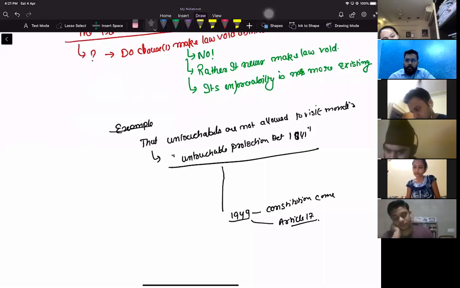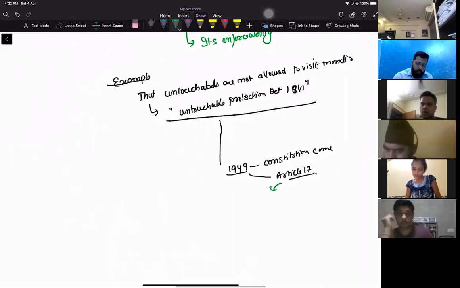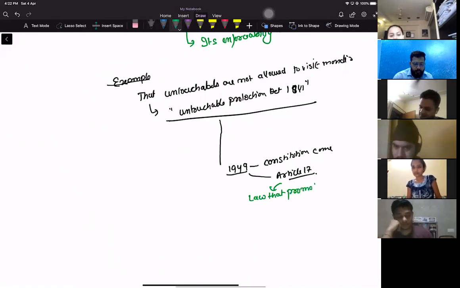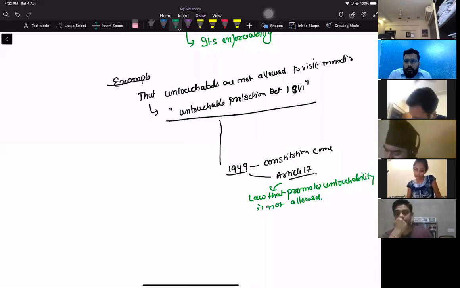Now what? You cannot make any law which promotes untouchability, right? A law that promotes untouchability is not allowed. So what has happened? This law cannot be enforced after this.